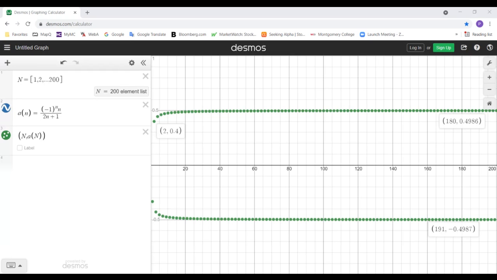Nathan, question? Yeah, so my question initially, when you tried to find the limit, you basically separated the -1 to the n, and then found the limit as n approached infinity. That's correct. And I'm just wondering, why are you allowed to do that? Because I remember that 1 raised to the infinity power is indeterminate.